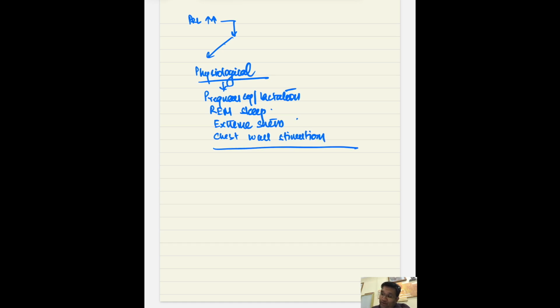Then there are going to be systemic disorders. They can be CKD, cirrhosis, or hypothyroidism. In CKD there will be a reduced clearance of prolactin.